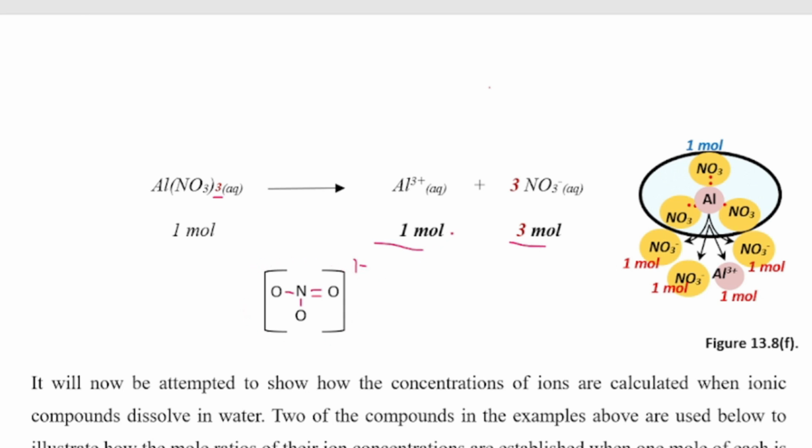All the atoms are bonded together, in this case 3 oxygen atoms bonded to 1 nitrogen atom. So all of this before was 1 mole, and when you dissolve it in water, they dissociate, and you get 3 moles of nitrate ions and 1 mole of aluminum ions.